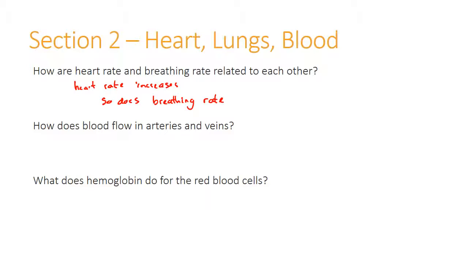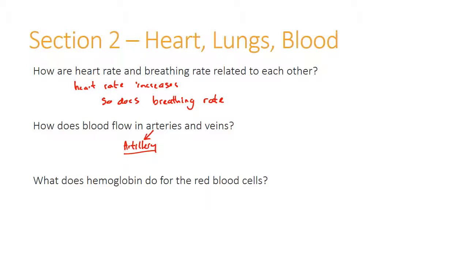How does blood flow in arteries and veins? I kind of like this because there's a little key to remember it. I like to think about arteries. Every time I see the word artery, I think of the word artillery. That's probably misspelled, but I don't really care. Artillery is going to be those large cannons that the military will use.